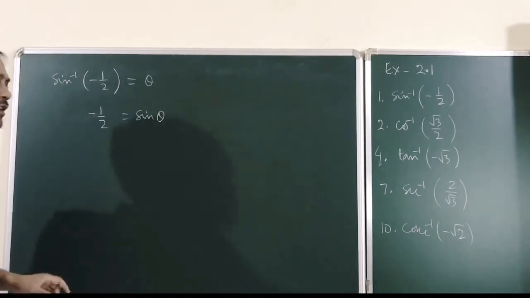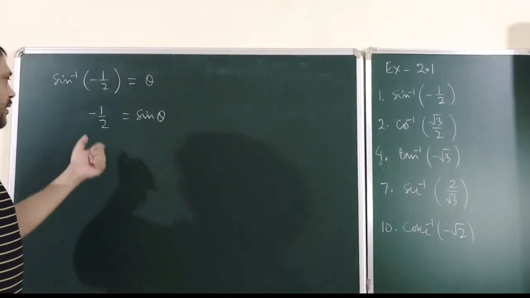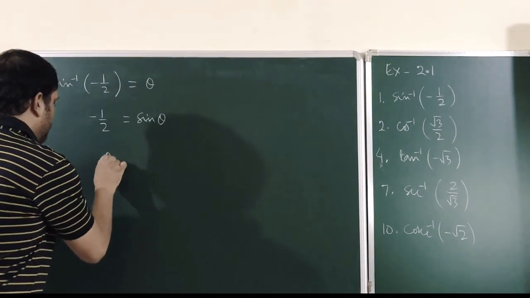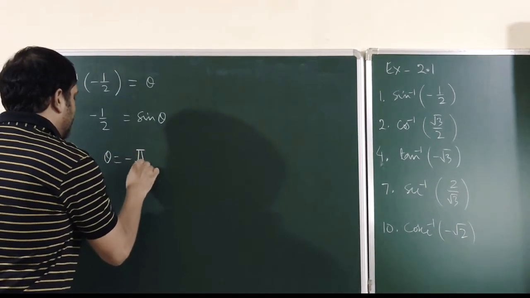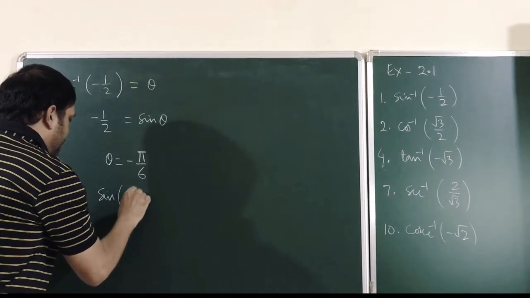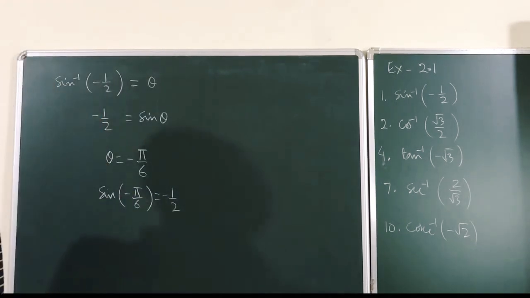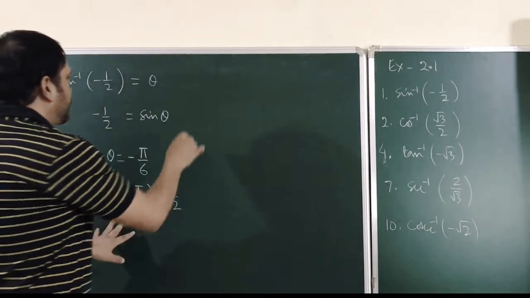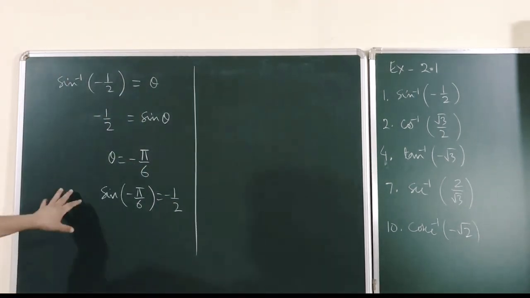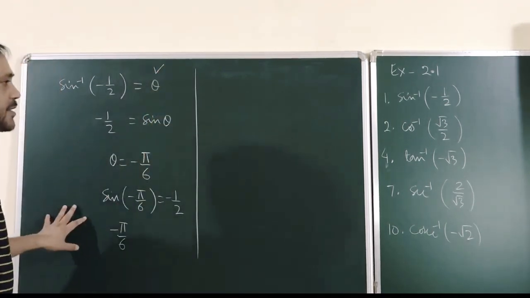Now we see which theta between minus 90 degree to plus 90 degree gives minus half. We know that sine of minus pi by 6 is equal to minus half. So your answer is basically minus pi by 6, not the half. Theta's value is minus pi by 6.